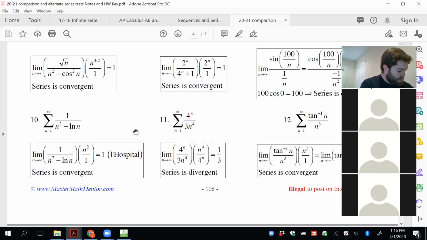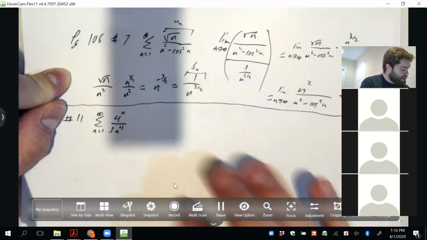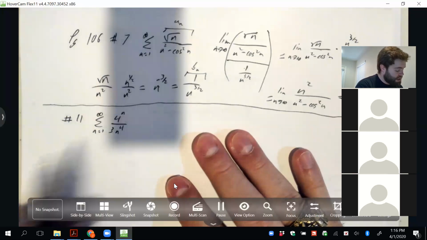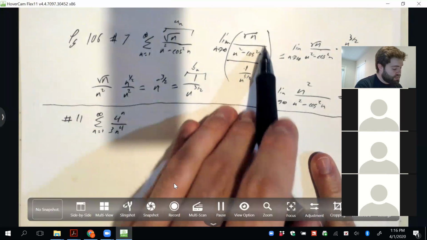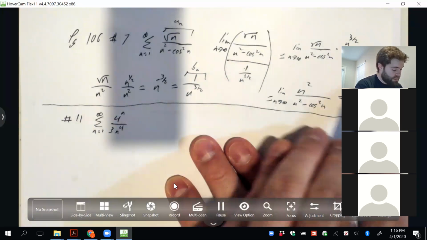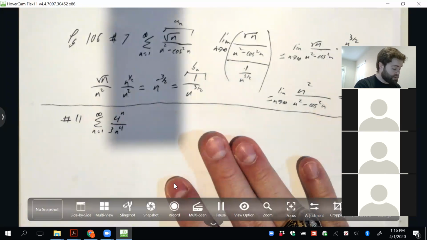One thing to quickly make note of that I didn't really mention on this first problem is that in limit comparison tests, if the limit of a sub n over b sub n equals a positive finite value, then they will do the same thing. They will either both converge or both diverge.